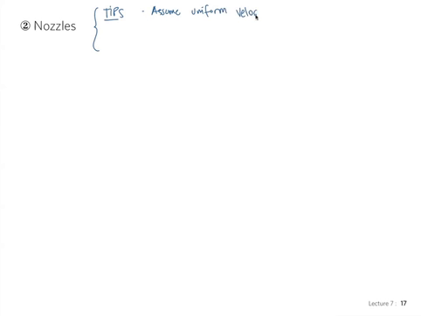So again, the tips for nozzles: we assume uniform velocity in the cross section. All the momentum flows are going to be m dot v, so it's going to be the easy type.